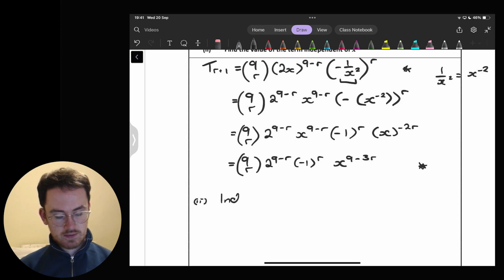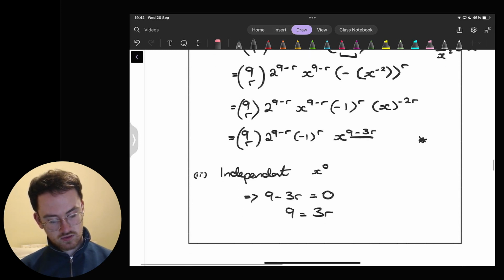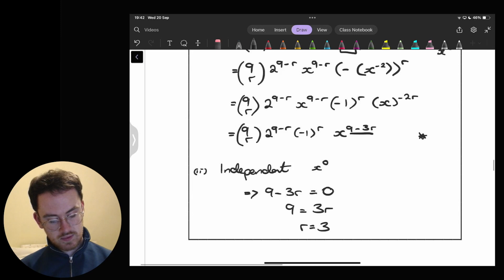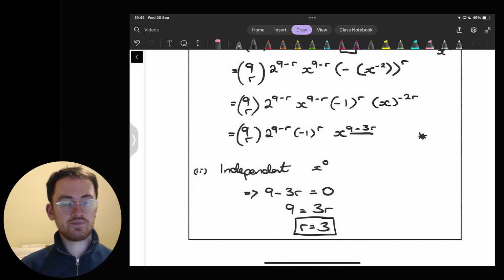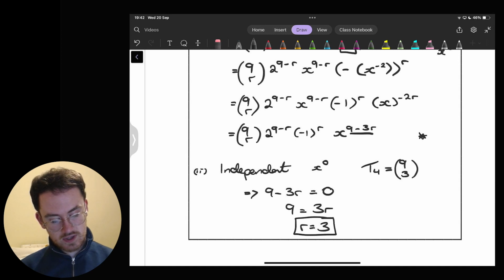So then looking at part 2, again, we're finding the value of the term independent of x. So independent of x tells me that I want x to the power of 0. So that means that the power of x here, the 9 minus 3r, must be equal to 0. So that means that 9 is equal to 3r, which means that r must be equal to 3. And if we want to find the value of that term, we can remind ourselves that that's going to be term 4. I'm looking at 9 choose 3, and I'm going to sub into this part here.